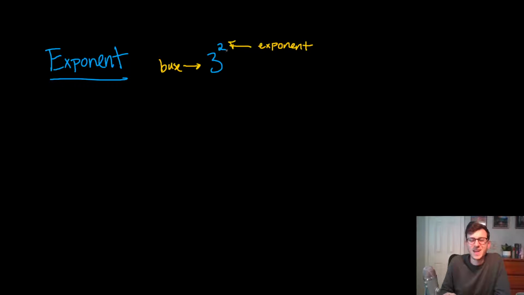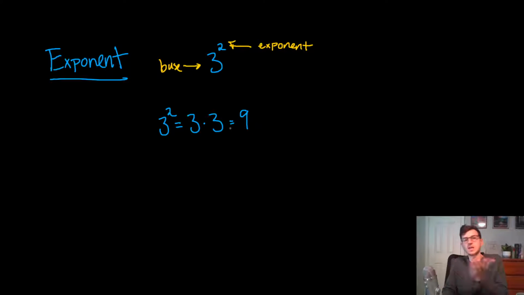Okay, now what an exponent means is that I have the base multiplied by itself the number of times that the exponent says. So if I have 3 to the 2, or we might say 3 to the second power, or 3 squared, that would be 3 times 3, which is 9.